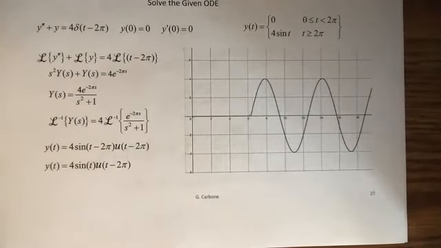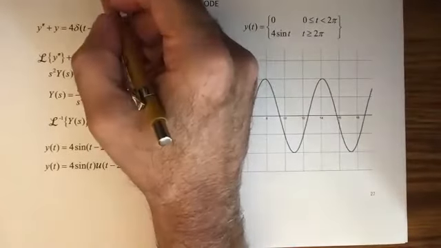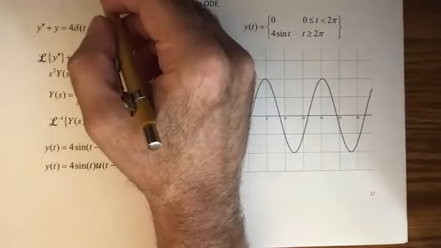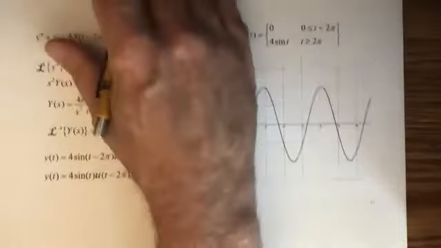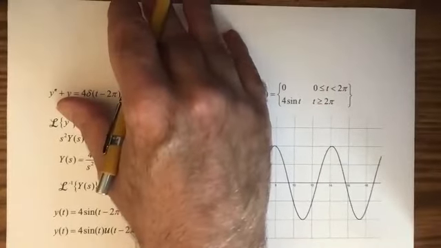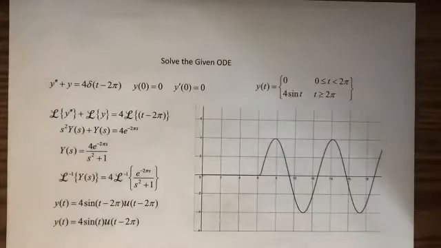The problems that become difficult are when you have a shift, when you're applying more than one theorem or more than one property at the same time. Those seem to be the more difficult problems.